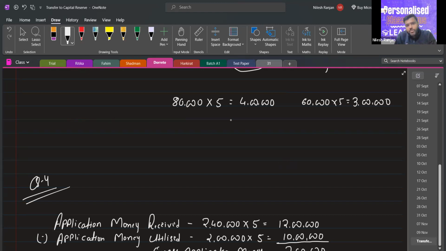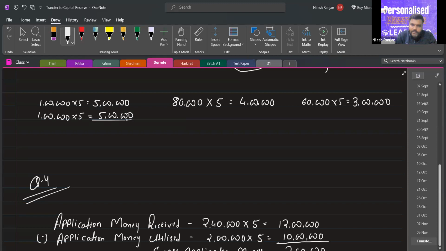Now, how much application money have we utilized in the first case, the second case and the third case? The second case is 3 lakh.